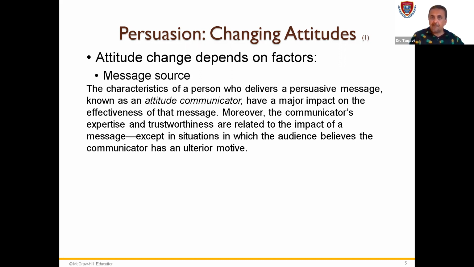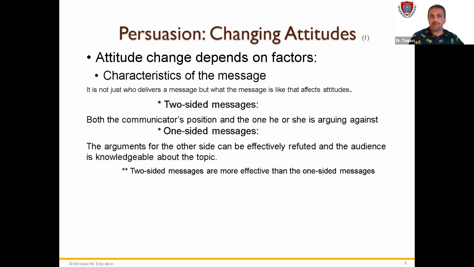So at first, we are talking about the senders, the attitude communicator. It is very important who is sending and creating the message, who wants to have a persuasive course with you or with other people, who wants to make a persuasion in other people.